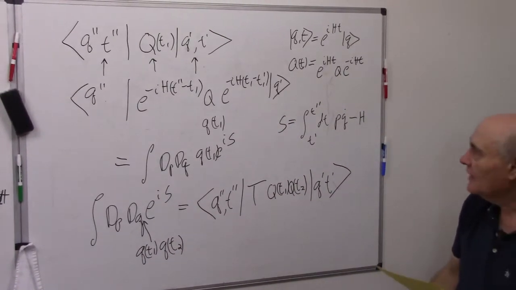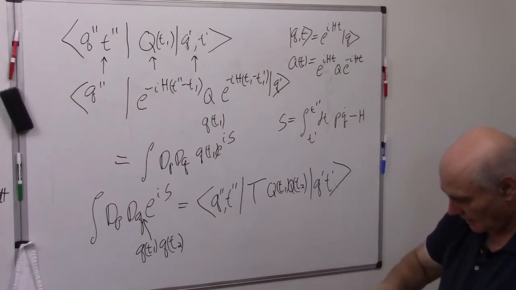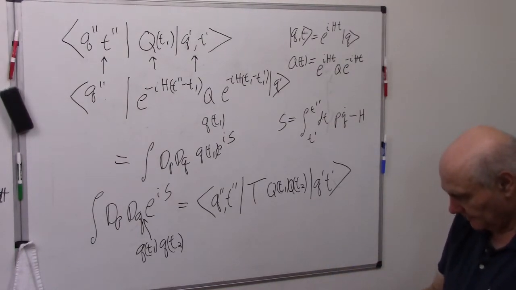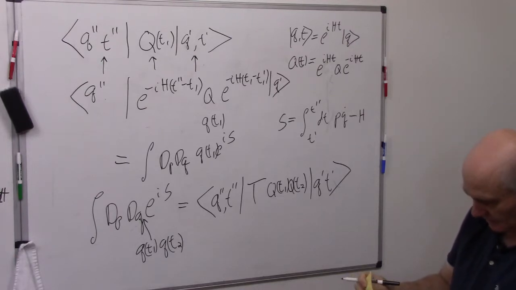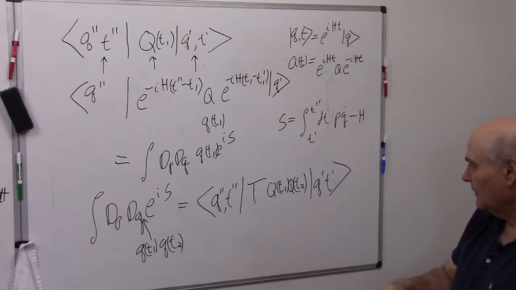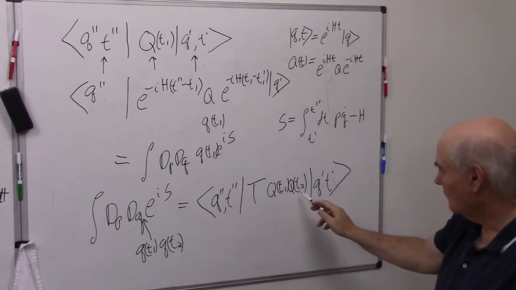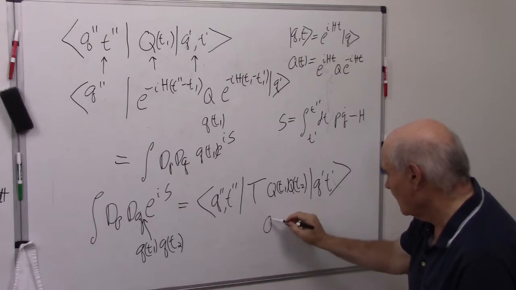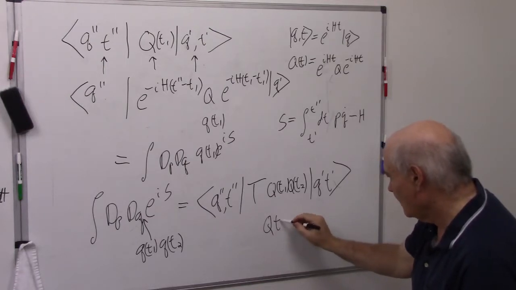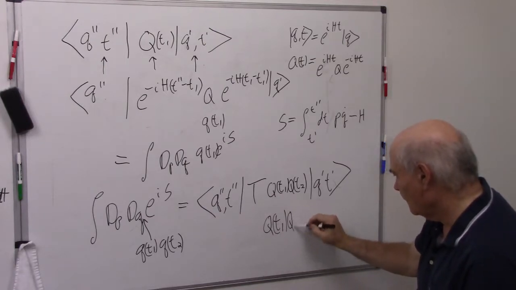Well, you can see here that if T1 is greater than T2, this ends up just being Q of T1, Q of T2.